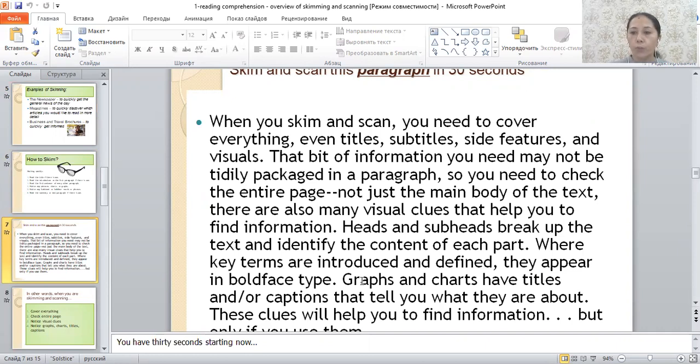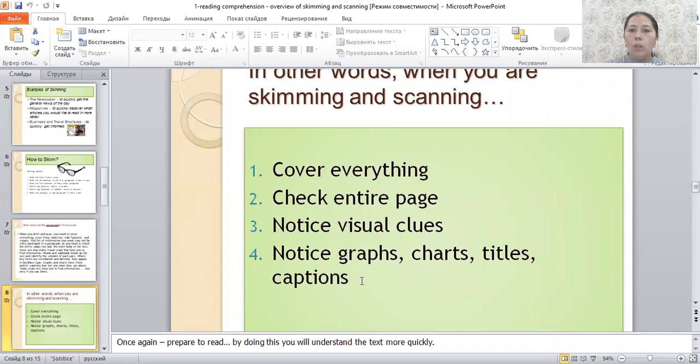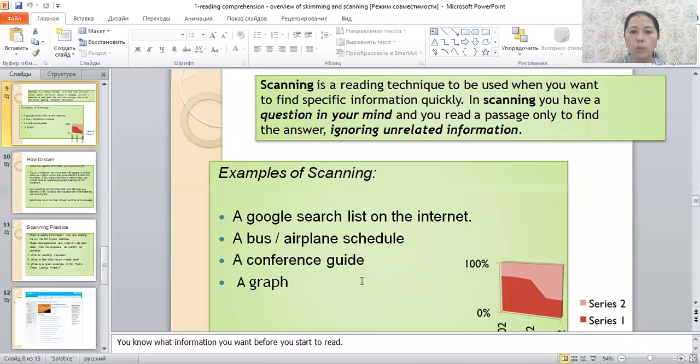You have to find what the questions ask. When you are skimming and scanning, you should cover everything that belongs to the questions. And then you should check the entire page. Notice visual clues. Visual clues mean pictures, graphs, all that imagery and pictures can be visual clues.